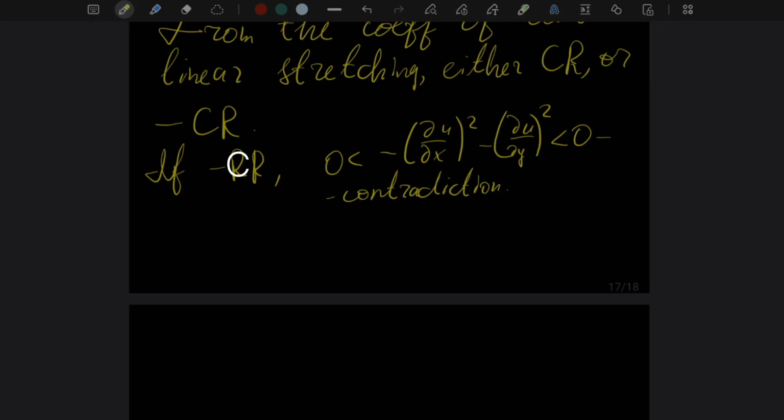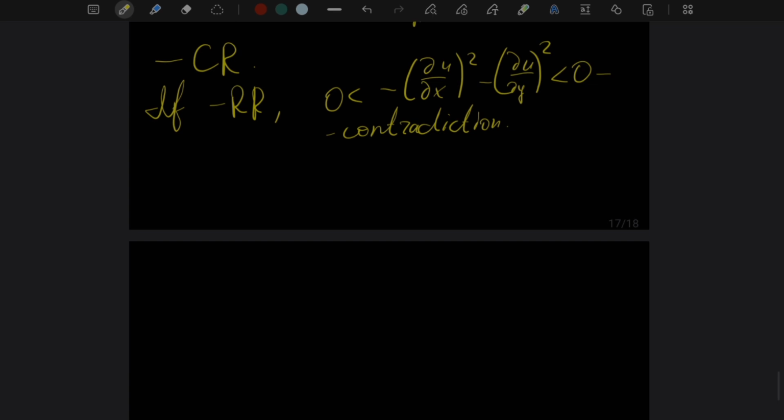And since the Jacobian is greater than 0, the absolute value of f prime is greater than 0 too. Hence f is conformal. So let's write it down.